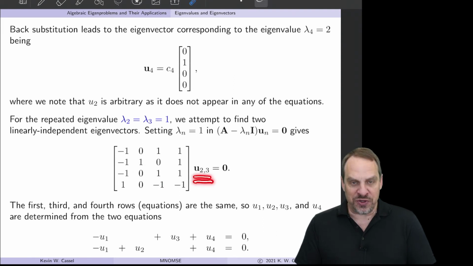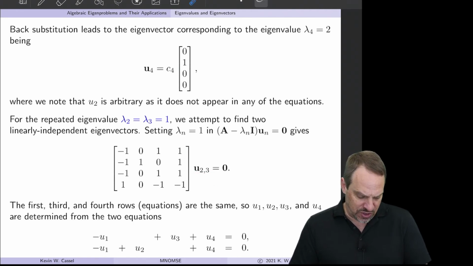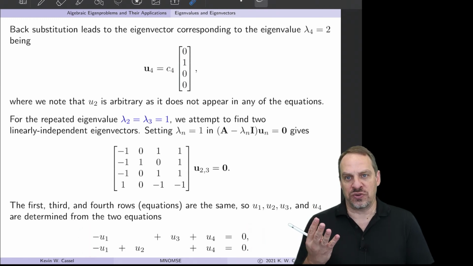I'm going to remind myself that I'm looking for two eigenvectors here by calling this u2, 3. And then we go through the usual procedure, and let's just see what happens. So you'll notice that the first equation, the third equation, and in fact the fourth equation are all the same. So I actually lose two equations. So now we have two equations for four unknowns.